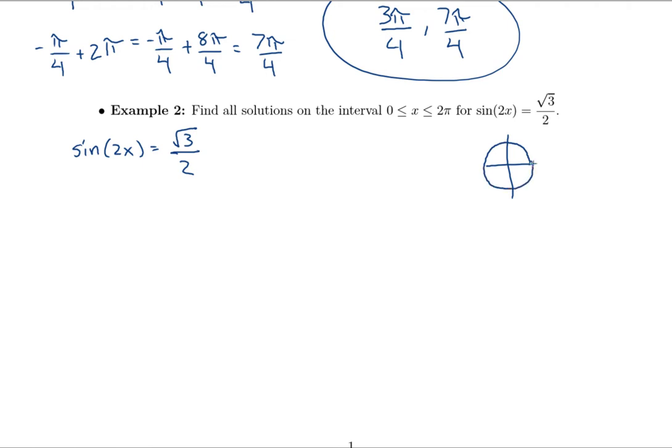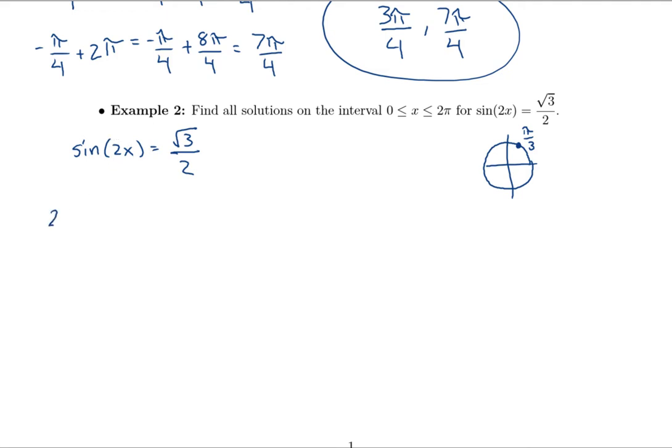So the sine is the y value, so that's going to be when we're up here, right? That's definitely going to give us a sine value of √3/2. So on the one hand, I'm going to say the sine equals √3/2 when the angle, or the argument inside the sine, is pi/3.